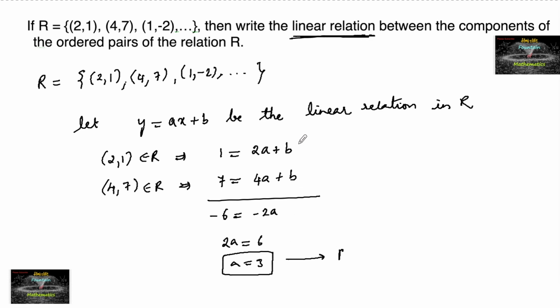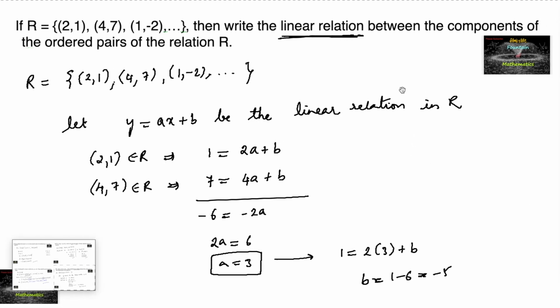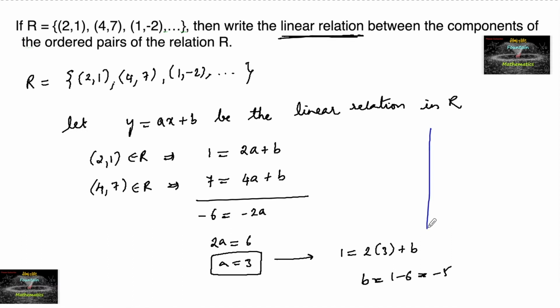Let us substitute in the first equation: 1 = 2 into 3 plus b, so b is equal to 1 minus 6, that's minus 5. So we got a is equal to 3 and b is equal to minus 5.